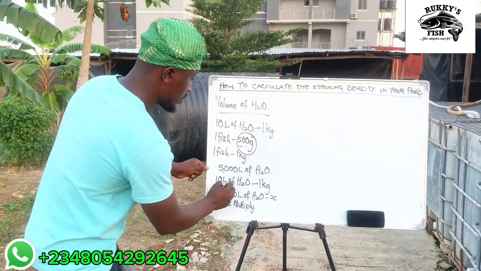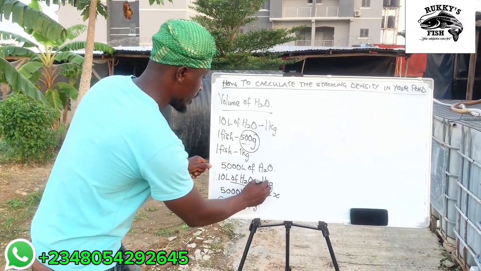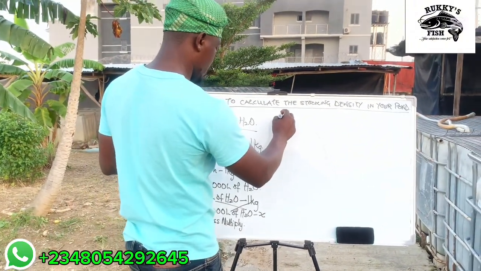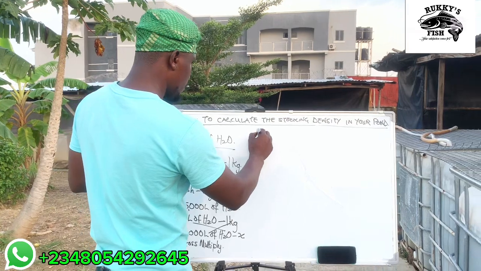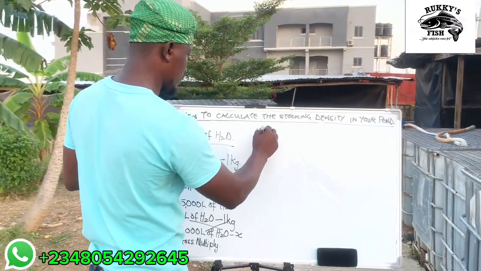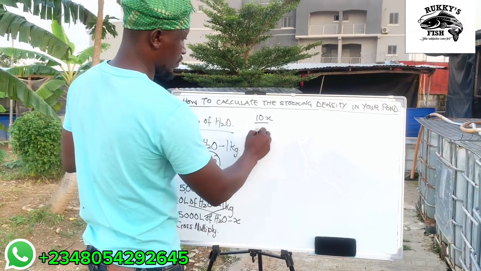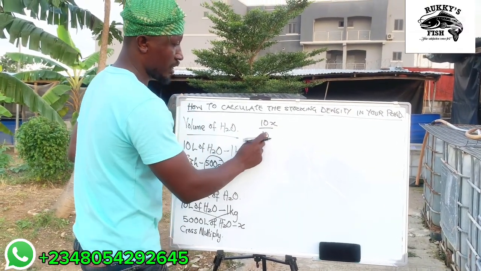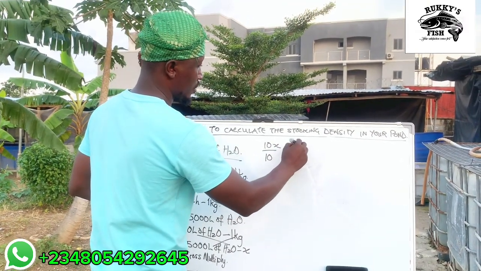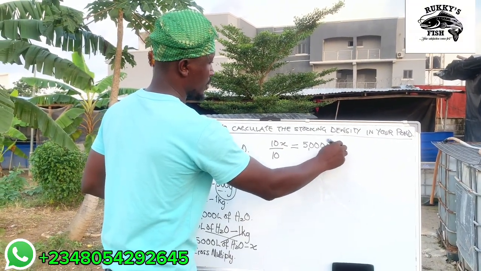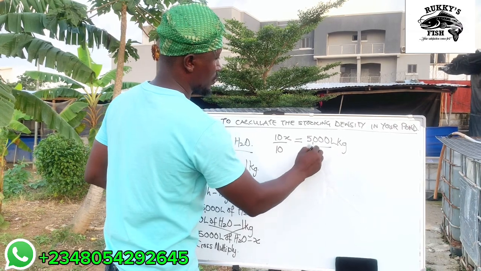So 10 liters, we cross multiply like I mentioned earlier this way. So let's come this way, and then we have 10x. Remember, we are dividing by 10. 5,000 liters kg, we are dividing by 10.